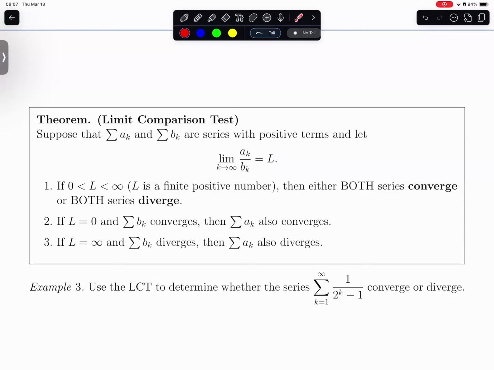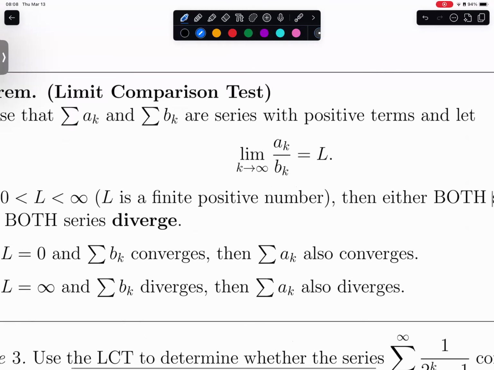Let's go through the cases of what we can state from this test. If I know that limit is a positive finite number, then that means both series must share the same fate. What I mean by that is either both series converge or both series must diverge. And the way that's powerful is the following. Let's say that I already know whether my comparison series converges or diverges.